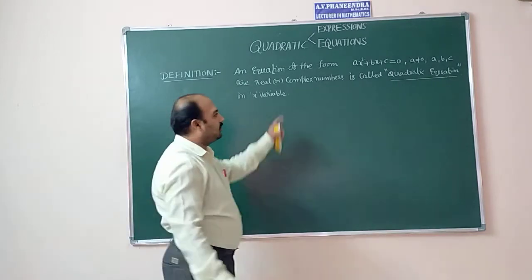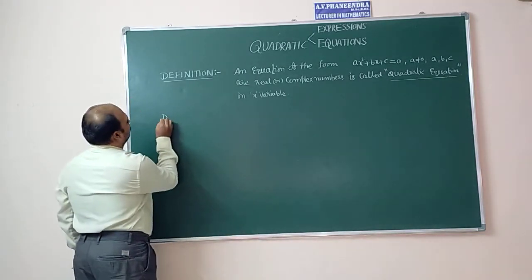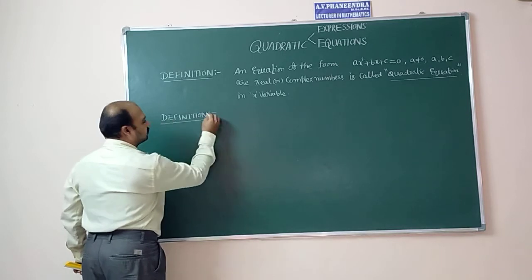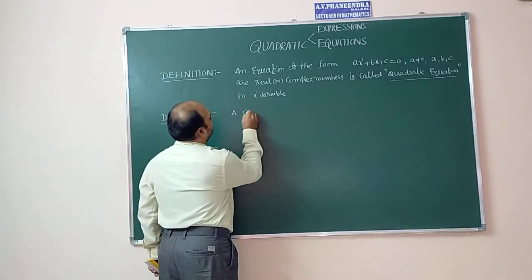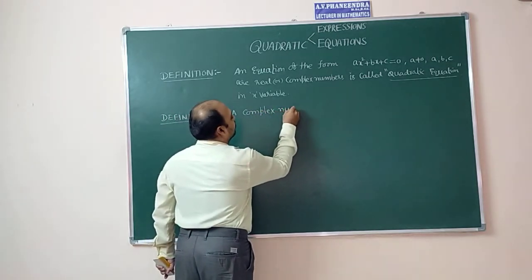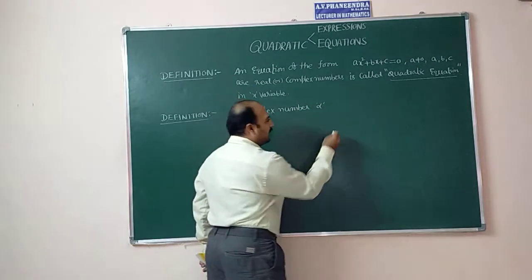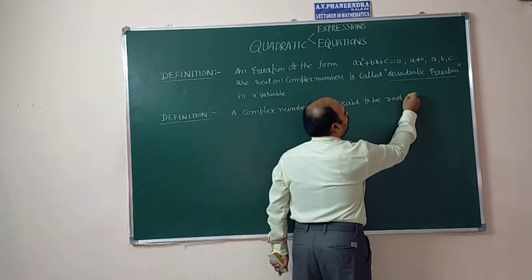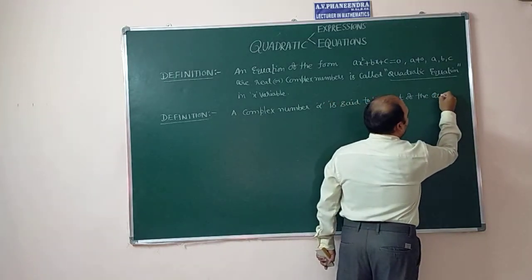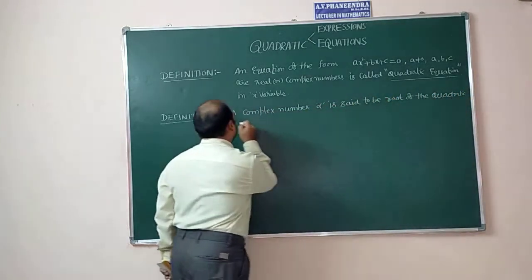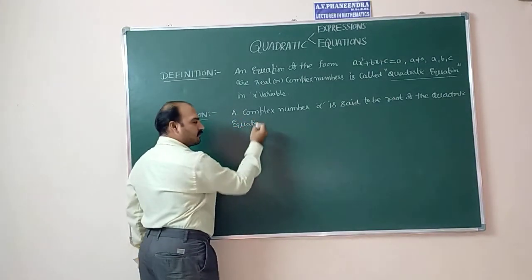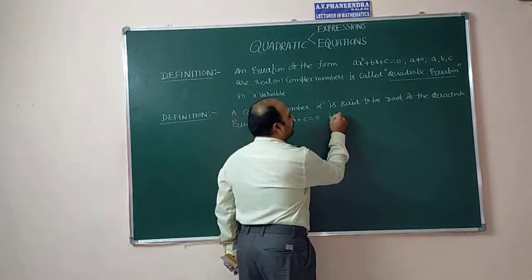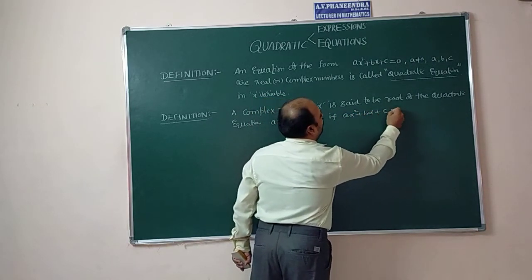After that, the root of a quadratic equation. A complex number alpha is said to be a root of the quadratic equation ax square plus bx plus c equal to 0 if a alpha square plus b alpha plus c equal to 0.